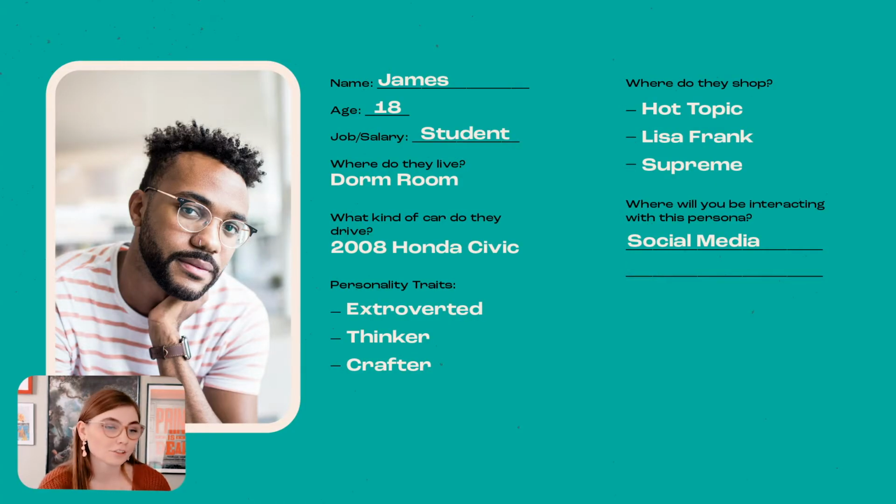The first one she came up with was an 18-year-old named James, who is likely a college student, and they shop at Zoomies, Hot Topic, Forever 21, Tilly's, Lisa Frank, Supreme, all those kinds of brands. That's what this individual is used to seeing in terms of branding, so that's important to keep in mind when you are creating a brand for your client.